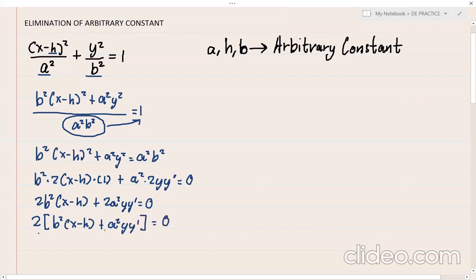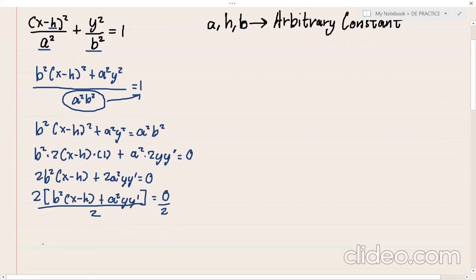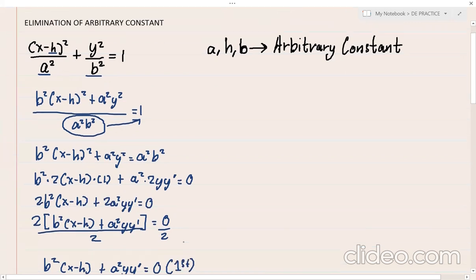So i-divide natin to both sides by 2. We will have b squared times x minus h plus a squared times y prime is equal to 0. So this is now your first derivative. O diba? Ito yung first derivative mo.